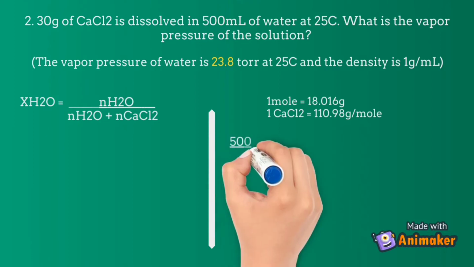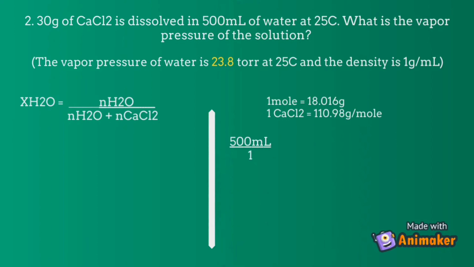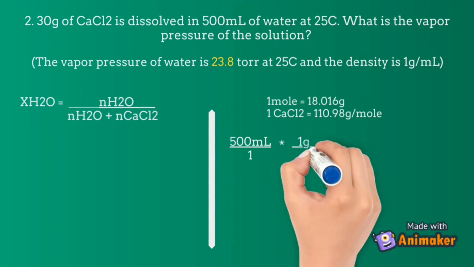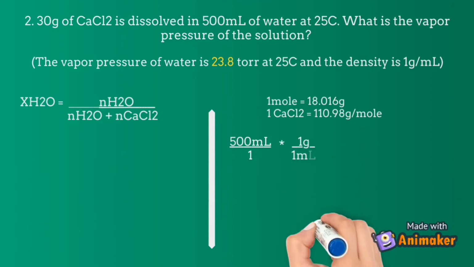We have here 500 ml over 1 times 1 gram over 1 ml, because 1 ml is equivalent to 1 gram, and we need the grams so we can convert into mole.